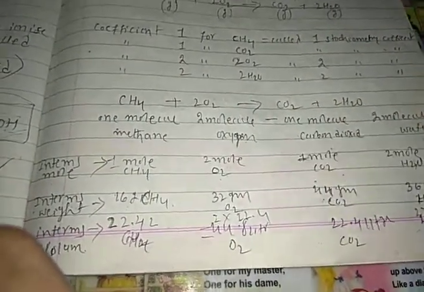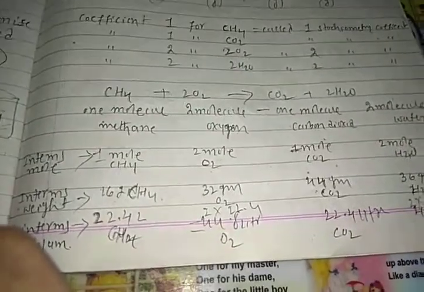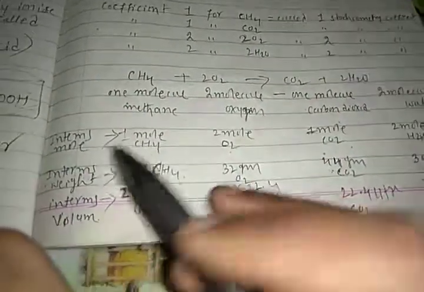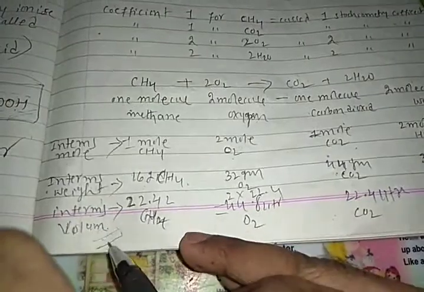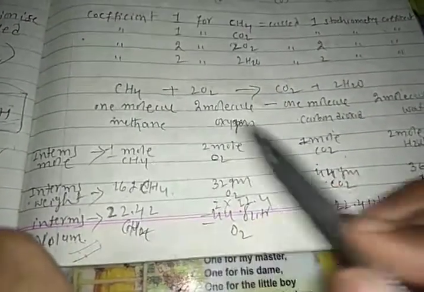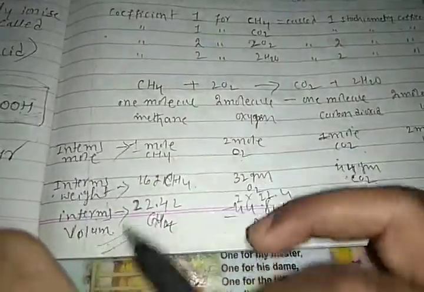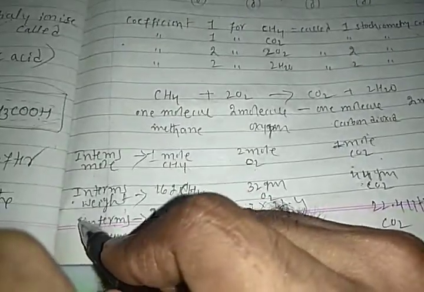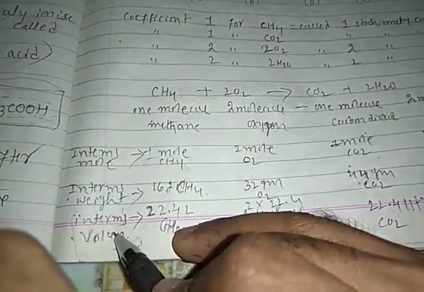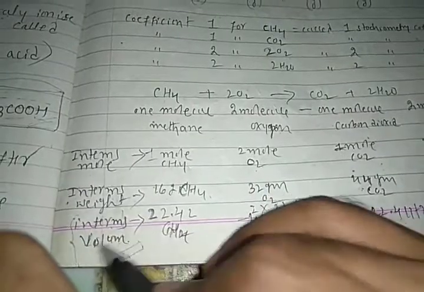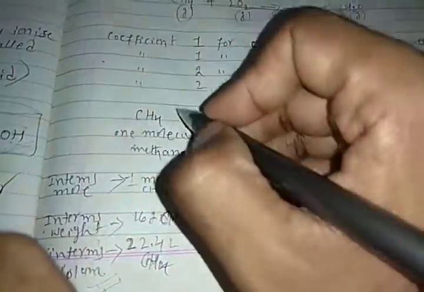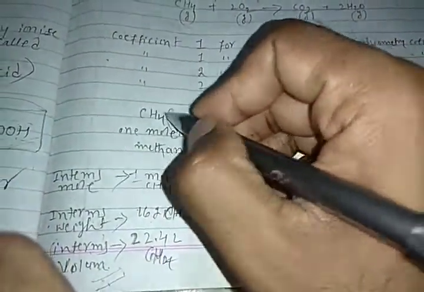Only if they exist in gaseous form, students, then only we use this volume. If they exist in liquid or solid form, then we can't use this method. We can't use this value for solid or liquid. We have to use this only when all the particles exist in gaseous form.